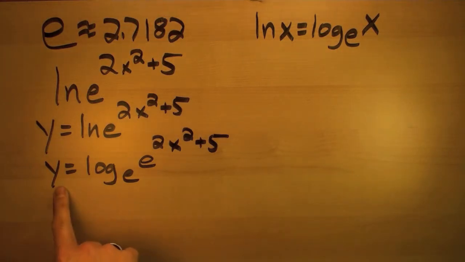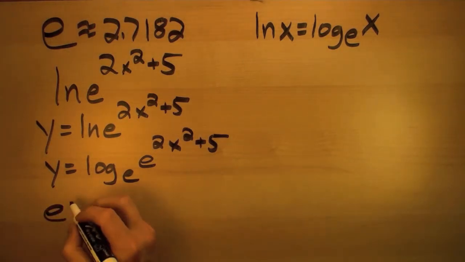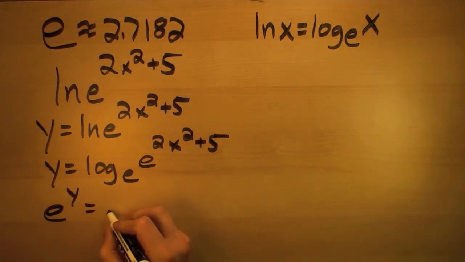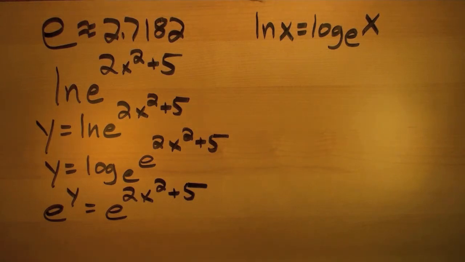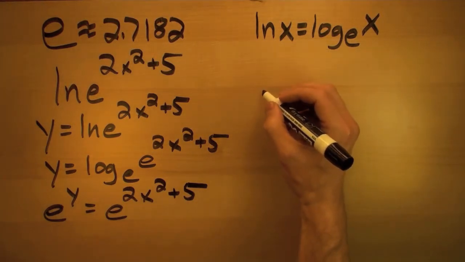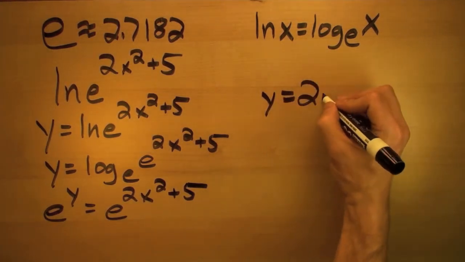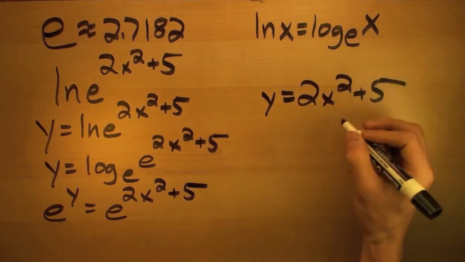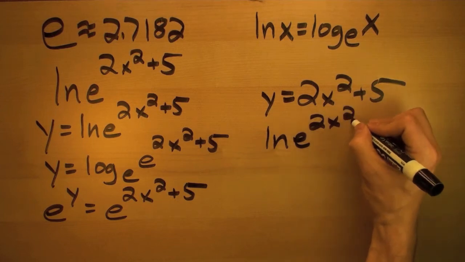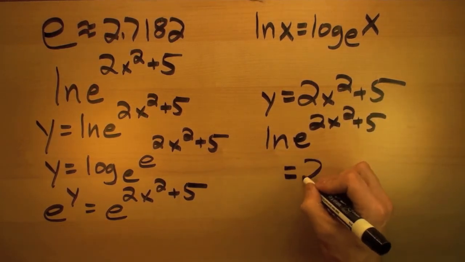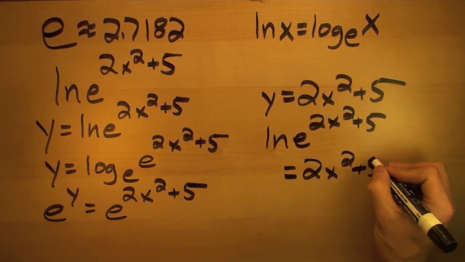When we convert this to exponential form, we get e to the y equals e to the 2x squared plus 5. So y equals 2x squared plus 5. So the natural log of e to the 2x squared plus 5 equals 2x squared plus 5.